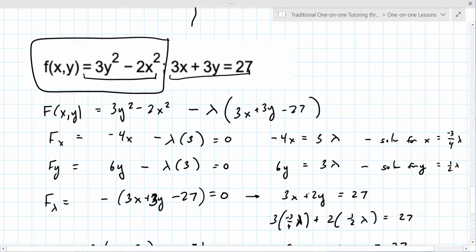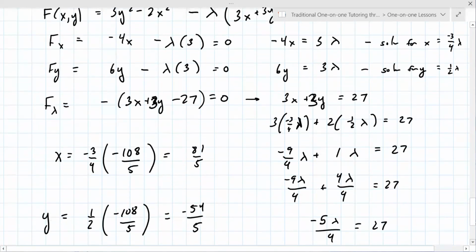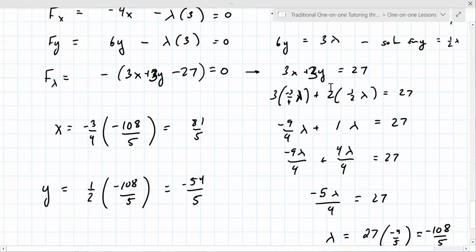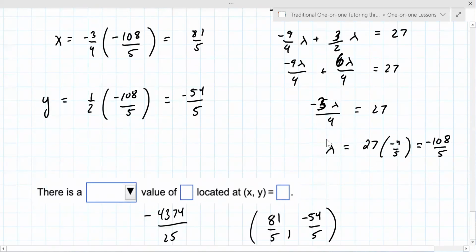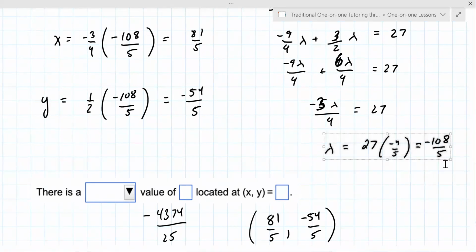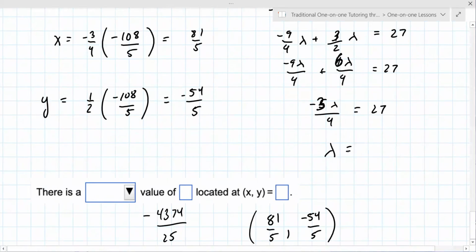That's going to make a big difference. Oh boy. Okay, so that does impact this. It impacts everything we did. So let me carry it through here. There's a 3, so that's 3 halves lambda. That makes it 6 over 4 lambda, which makes that minus 3 over 4 lambda, which makes that a much nicer number.